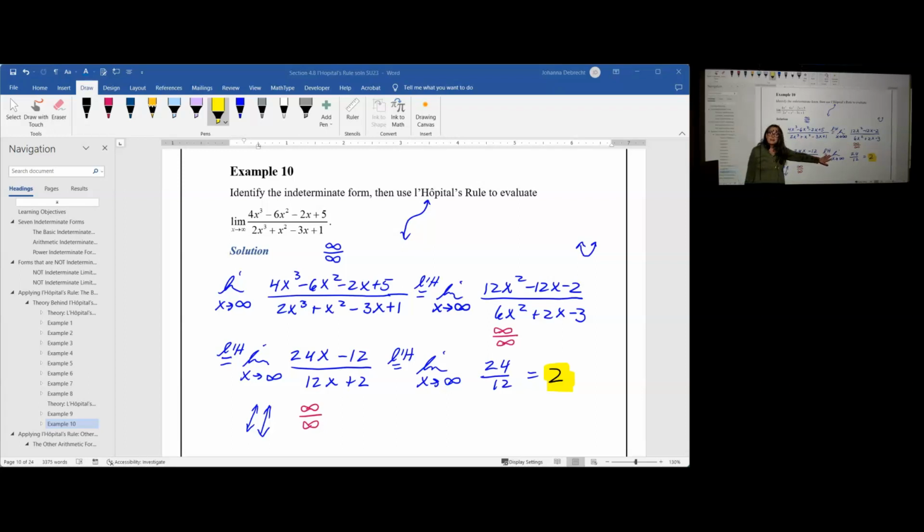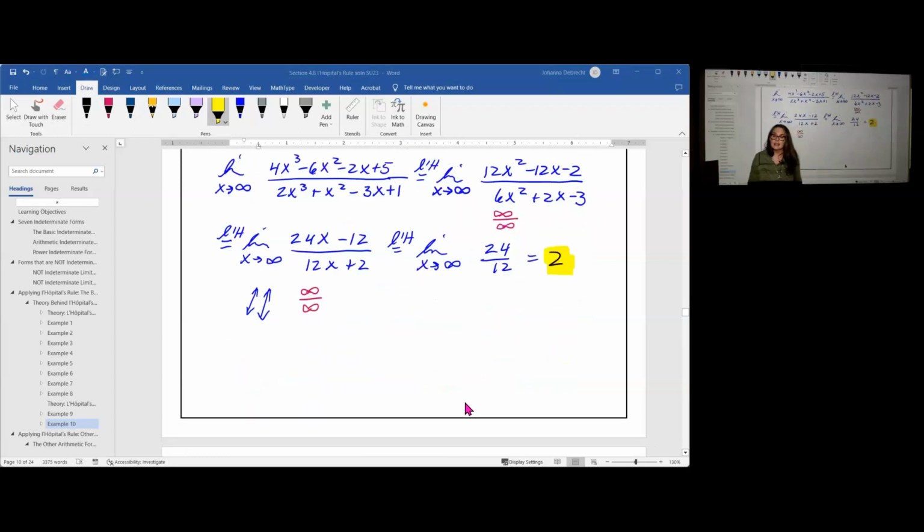We apply L'Hopital's rule again. Again, in each case, we're checking to make sure that the function in the numerator and denominator is differentiable. And these are all polynomials. They're differentiable everywhere. Finally, we obtain the ratio of 24 to 12, which is 2, which is what we expected.